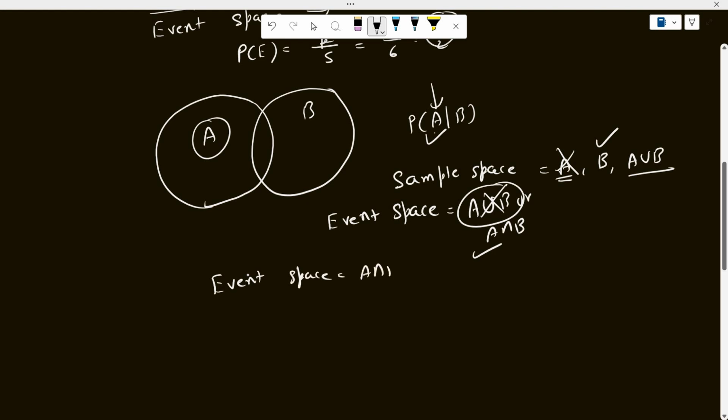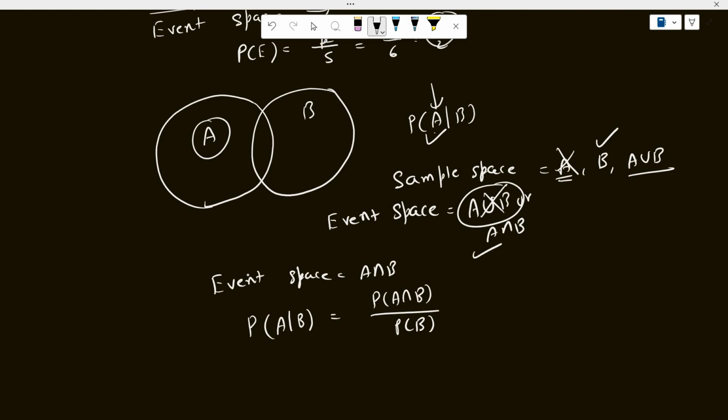Now you have to find out the probability of A to occur when B has already been done. So P(A given B) will be P(A intersection B) divided by P(B).